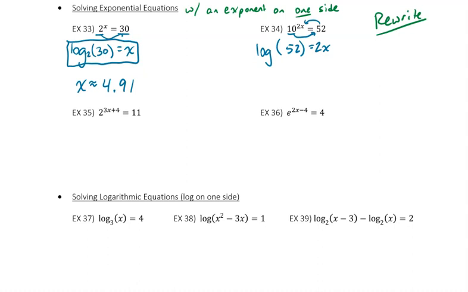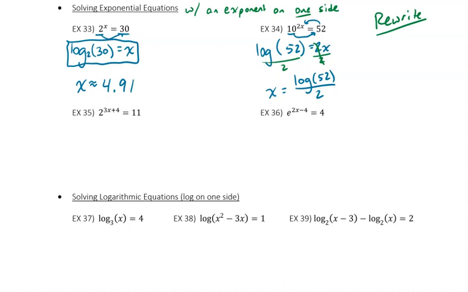That's your log base 10. So that said, we are still not done solving for x because right now we still have a 2 in front of the x. Well, just like a normal equation, we're just going to divide by 2 and that would get rid of it. So x, if I just kind of flip this around, it's going to be log of 52 over 2.